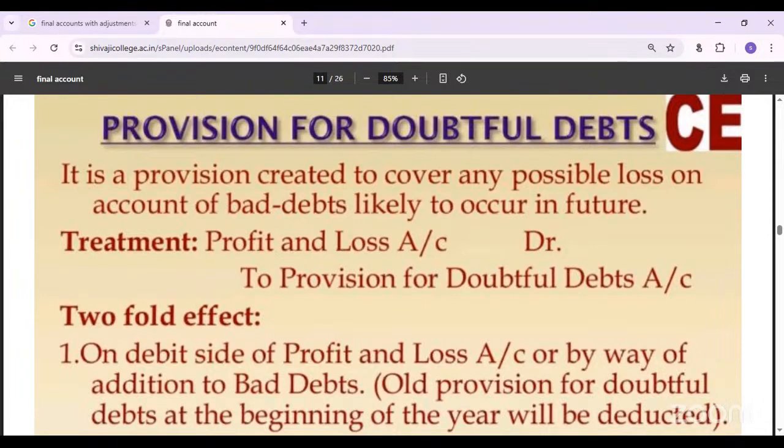He became insolvent and is not in a situation to pay. Out of 50,000 we received 30,000, but we did not receive the 20,000. Hence the 20,000 will become the bad debts.